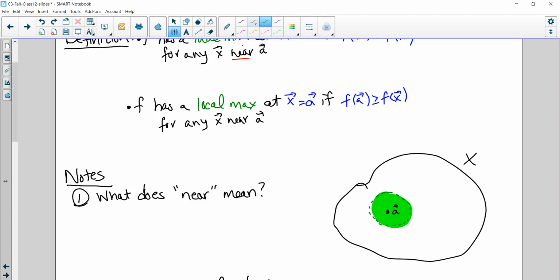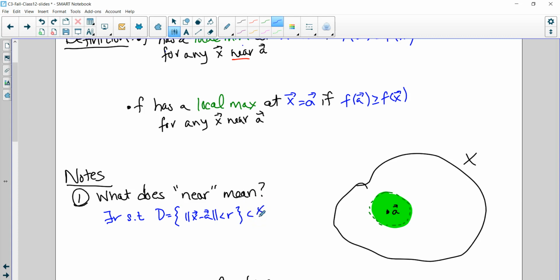Okay, so when we use near at this level of mathematics, what we actually mean is that there exists an R, and this is going to look similar to what we said before, such that if we talk about domain D as the set of all points such that the distance between x and A is less than R, that's the set of points.